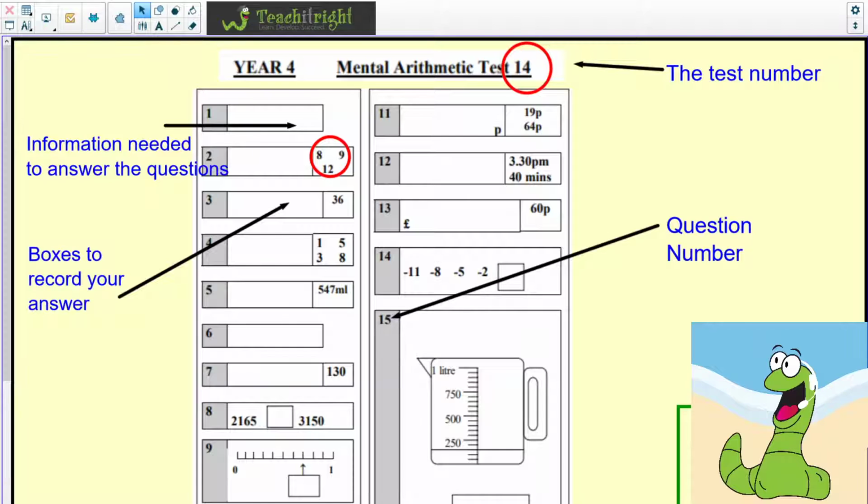Round 547 millilitres to the nearest 100 millilitres. Question 5. Round 547 millilitres to the nearest 100 millilitres. Question 6. What is the product of 9 and 7? What is the product of 9 and 7?